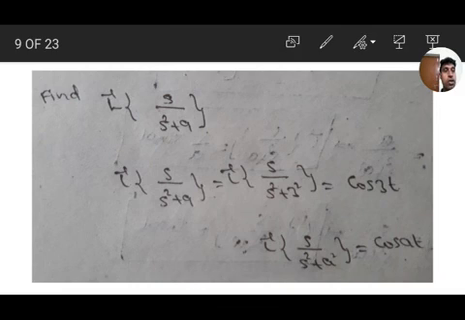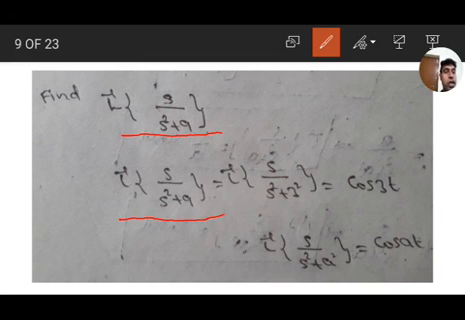Find the L inverse of s by s square plus 9. So L inverse of s by s square plus 9 equals L inverse of s by s square plus 3 square. So here it is a direct formula.